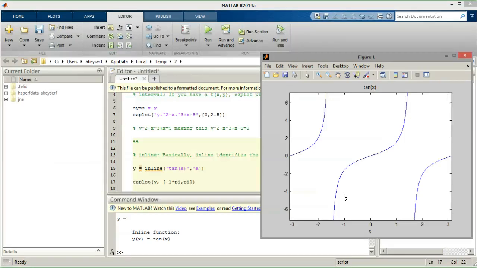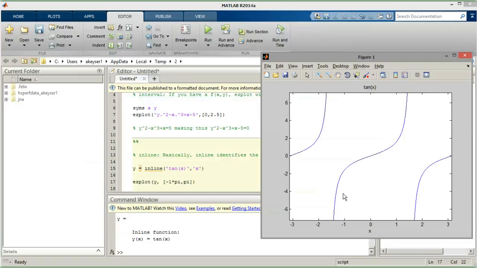Let me see. Are there some other graphing things? Now, another concept that you often need is to graph more than one thing on the same plane. Okay, so how you actually do that is by holding on to another function.